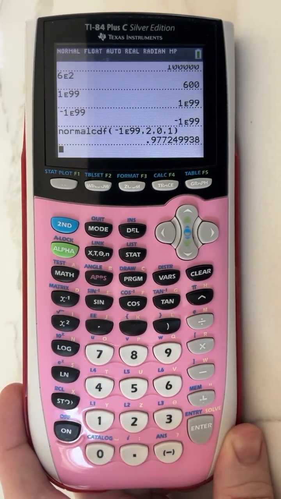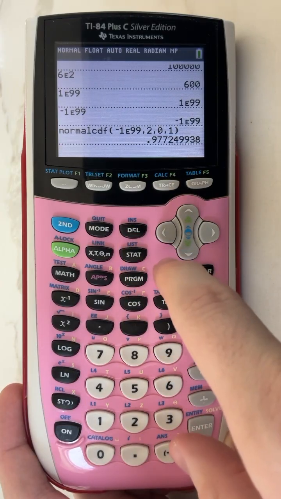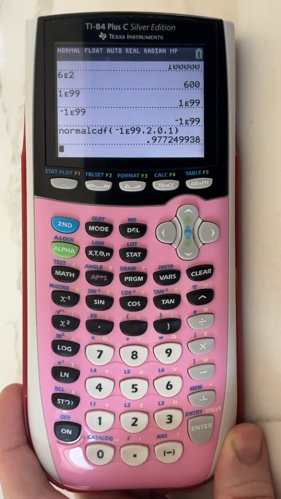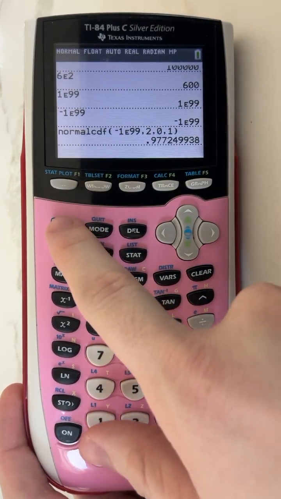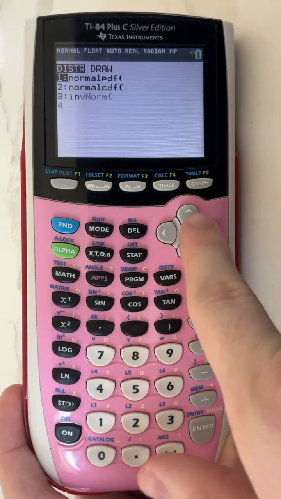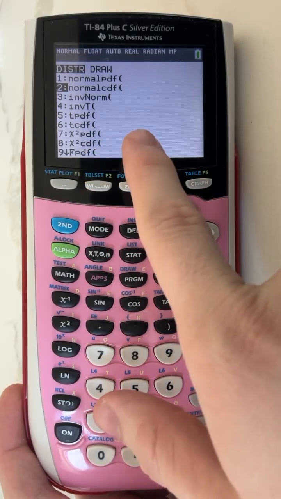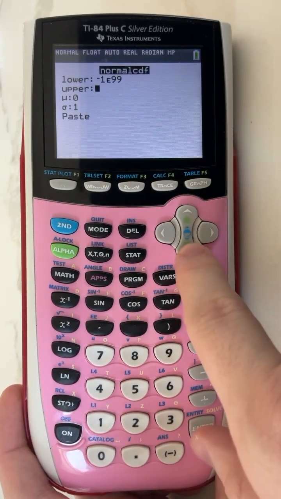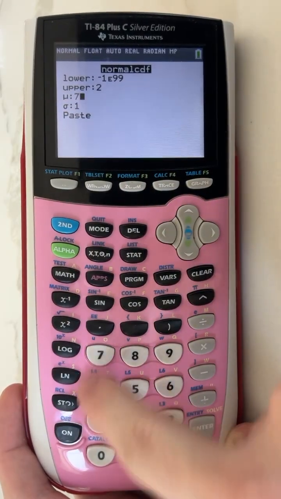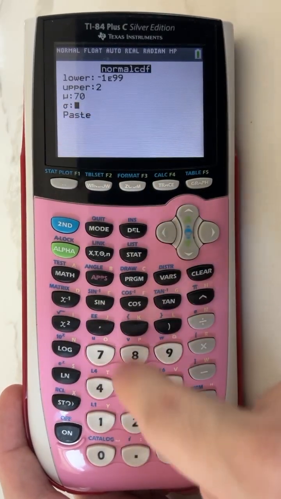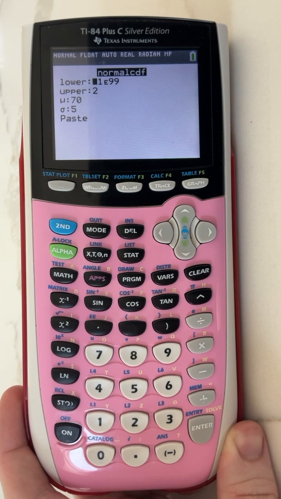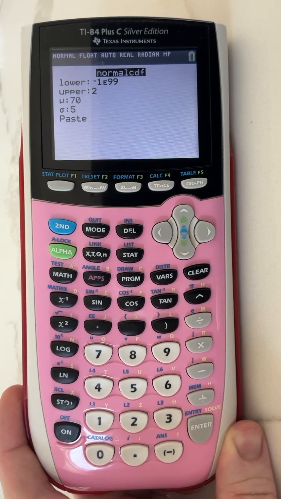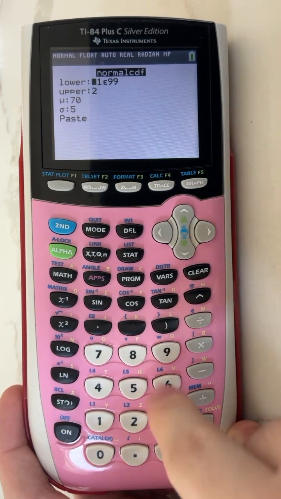Now let's see, what if we had some real life data? What if we knew the average height of a person was 70 inches and standard deviation 5 inches, for example? We'll go second vars to get distributions, and then we'll go down to normal CDF again. So we'll put right in our mean of 70 inches tall, and our standard deviation is 5 inches. Let's say we wanted to know what's the probability that someone is between 65 inches tall and 80 inches tall.